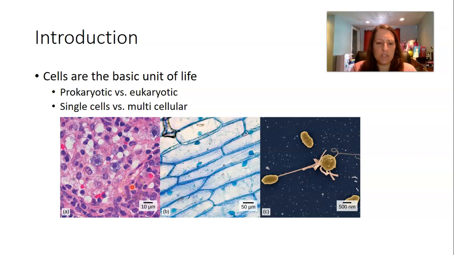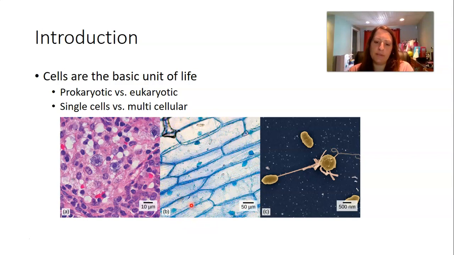I forget exactly what tissue this is taken from, but it's taken from a tissue of a multicellular eukaryotic organism. Okay, an organism made up of many cells, and whose cells have membrane-bound organelles, which we're going to get into in this chapter. This second figure is from a plant.